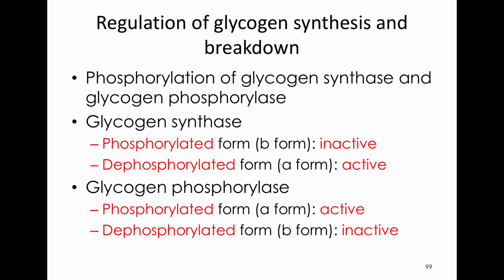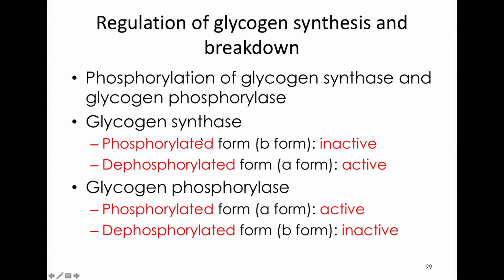Now, regulation of glycogen synthesis and glycogen breakdown. There are two important enzymes in the process. One is glycogen synthase and the other one is glycogen phosphorylase. You need to understand that these two enzymes are regulated in a similar fashion but somewhat opposite.